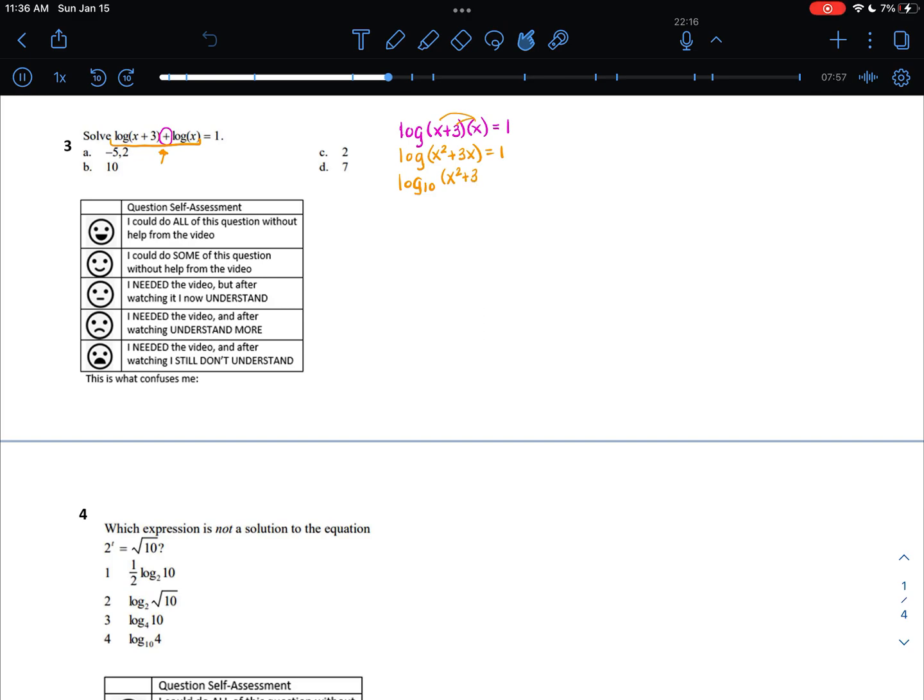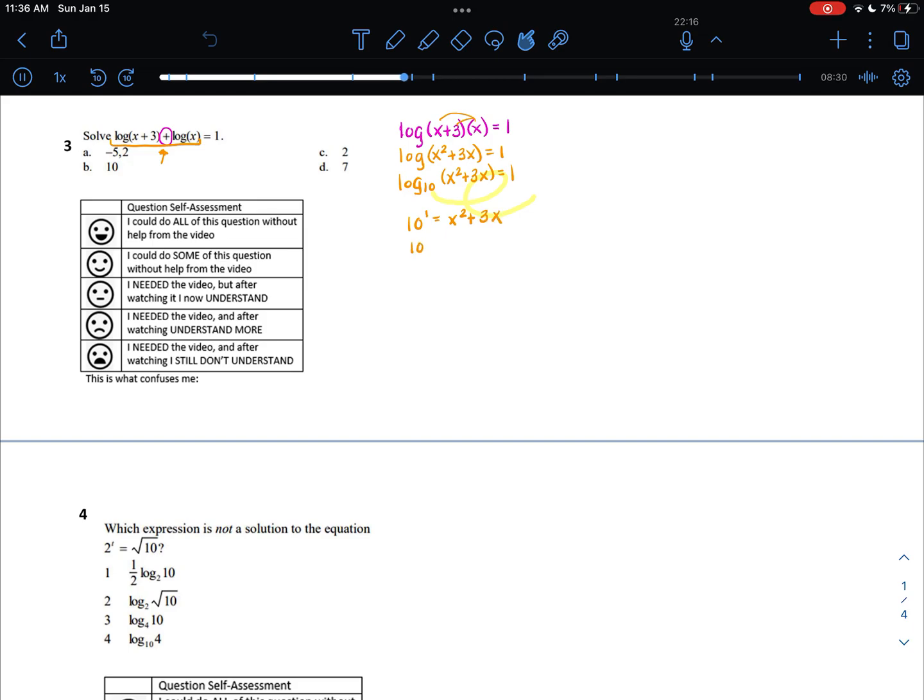Whenever you don't see a base number written next to the log, we assume that it means log to the base 10. So I've rewritten that as log to the base 10 of quantity x squared plus 3x equals 1. Then I'm remembering what logarithms really mean, which is giving me the exponent answer. So this means the same as 10 to the first power equals x squared plus 3x.